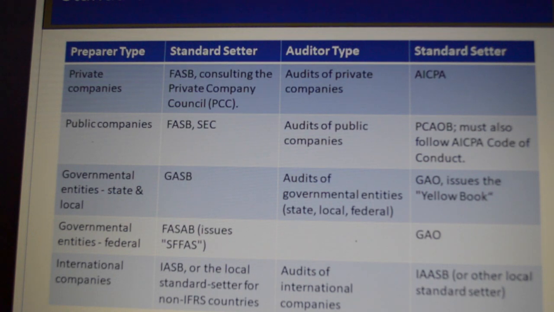Let's focus on this slide for a minute. This slide shows the standard setters for each research environment. Private companies. The standard setter for private companies is FASB, the Financial Accounting Standards Board, consulting the Private Company Council, PCC.